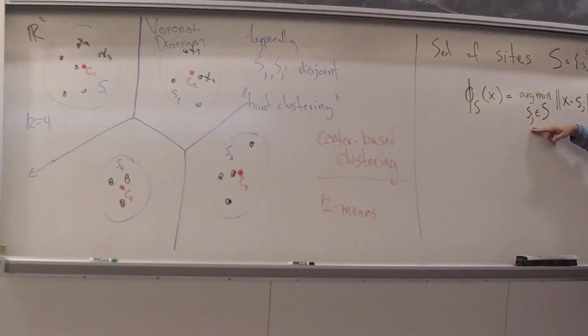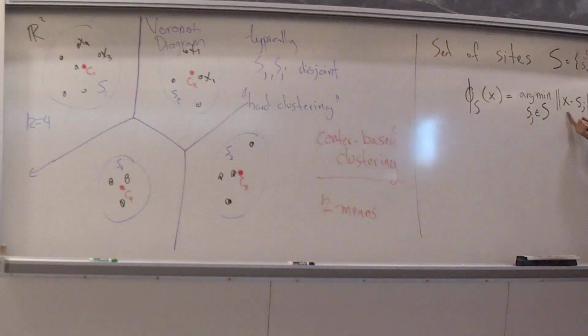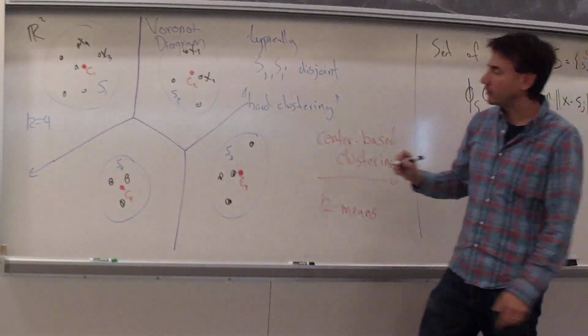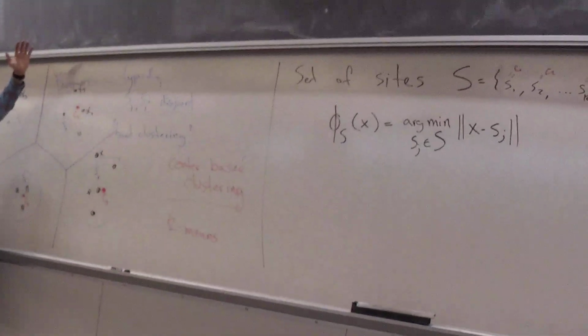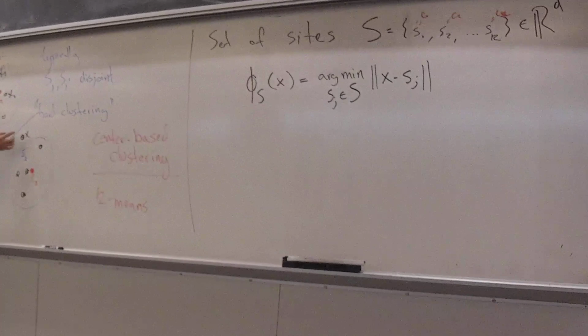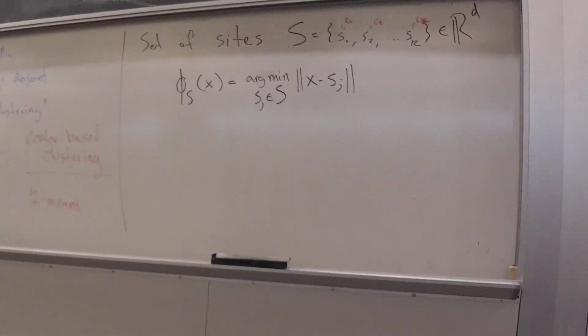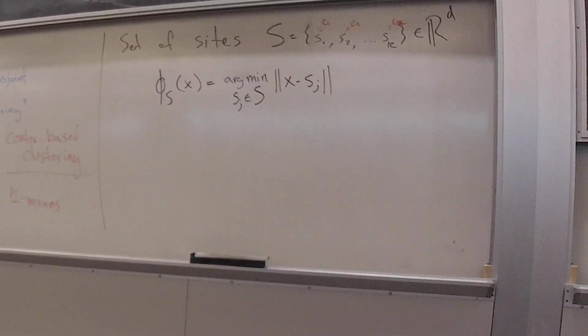It's going to be argmin over the set. So if you remember what the argmin is, the argument of the set I'm considering, the set of sites, that minimizes this function value. In this case, the function value is going to be the distance from a point x. Okay, so if I have a potential point x here, I can think of the distance from this point, and this is like a cone coming out, and I want the element of one of my sites which minimizes this cost.